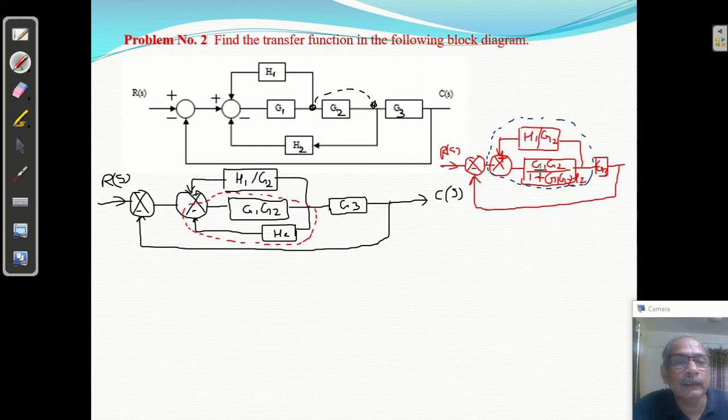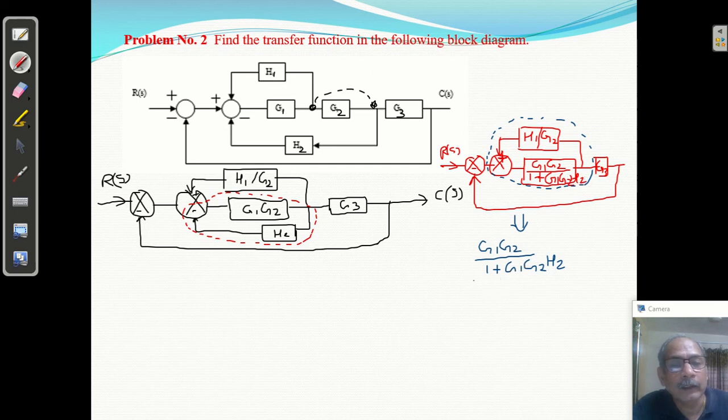So what is the GS? It is GS and this is HS. If you solve it, GS is G1 G2 upon 1 plus G1 G2 H2.